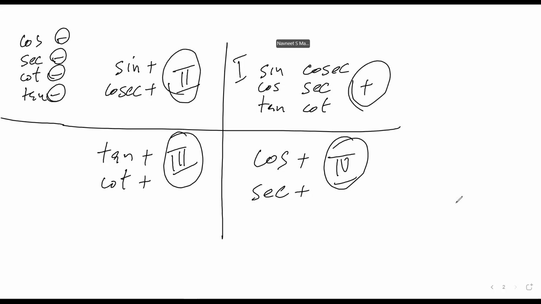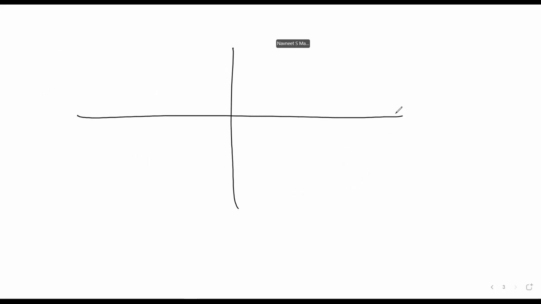Okay. The second thing that we need to remember, so that we understand the trick well, is that this is 0, this is 90, this is 180, this is 270. Theta would always be acute. Theta is always acute.